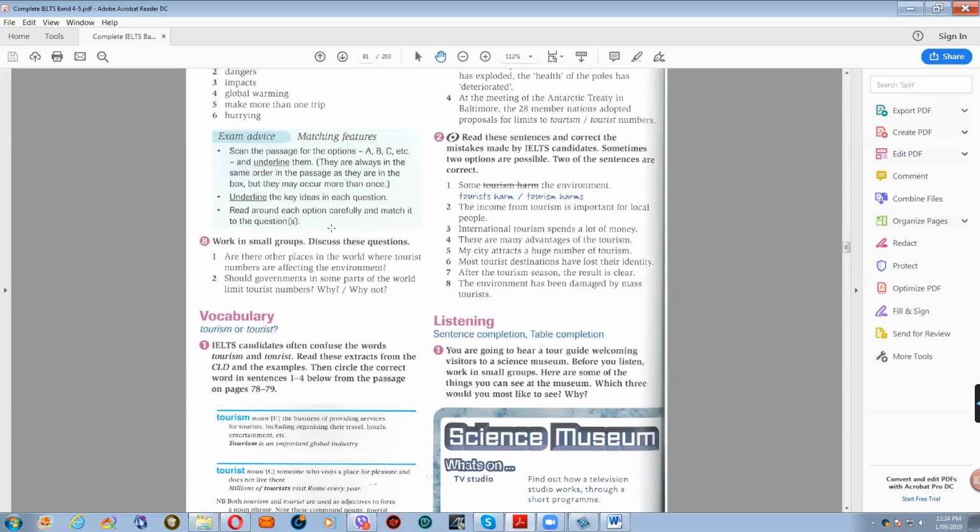Scan the passage for the options A, B, C, etc., and underline them, or use your highlighter, or make a mark in the column. Just mark it somehow, okay? And scan. Again, read the question first. Underline the key ideas in each question.